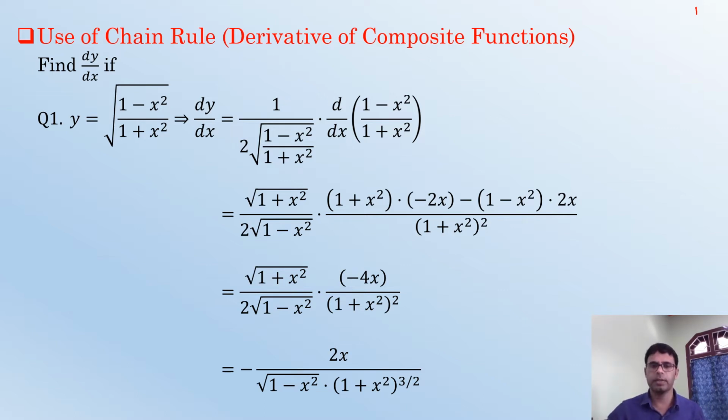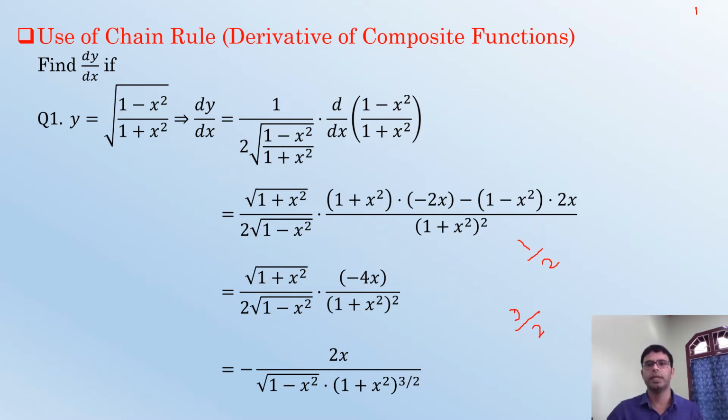The denominator power is 2, this base is the same, so it is 2 minus half. So it will give us the power 4 minus 1 is 3 by 2. We are taking the power of 1 plus x square as 3 by 2, and this completes the solution of the problem.